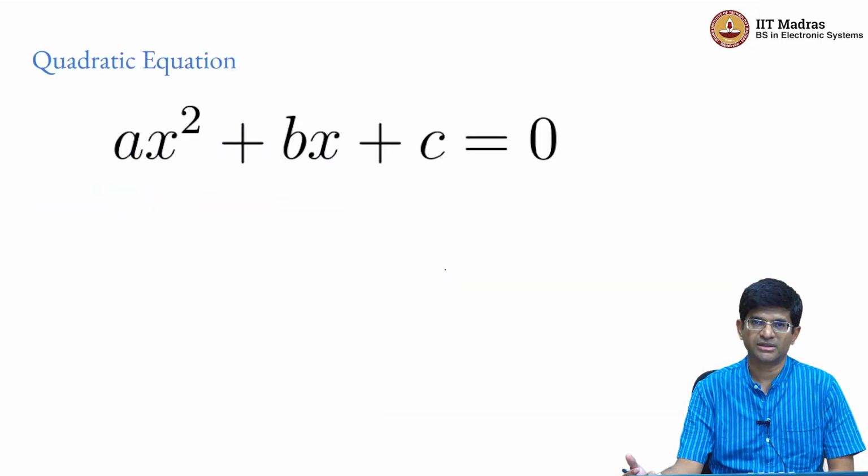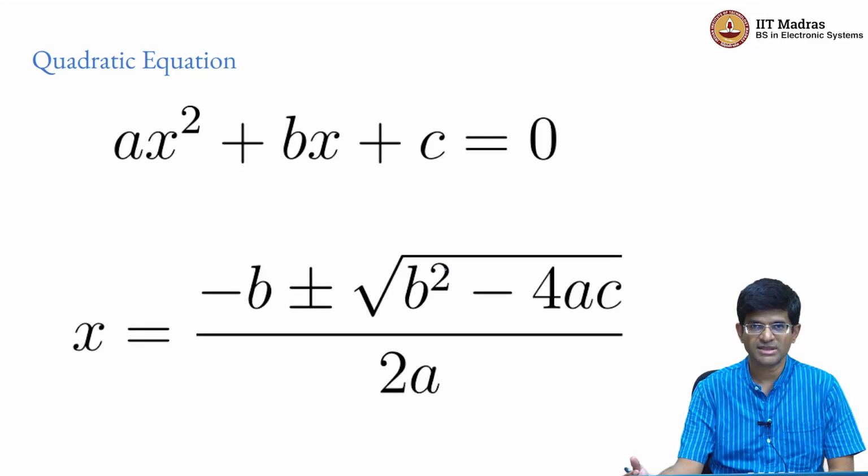So let's start with an equation that should be familiar from high school, the quadratic equation, right? The form of the equation is ax squared plus bx plus c, where a, b and c are constants. Of course, we know that the solution for this is given by, well, there are two roots of the equation. x is minus b plus or minus square root of b squared minus 4ac divided by 2a.